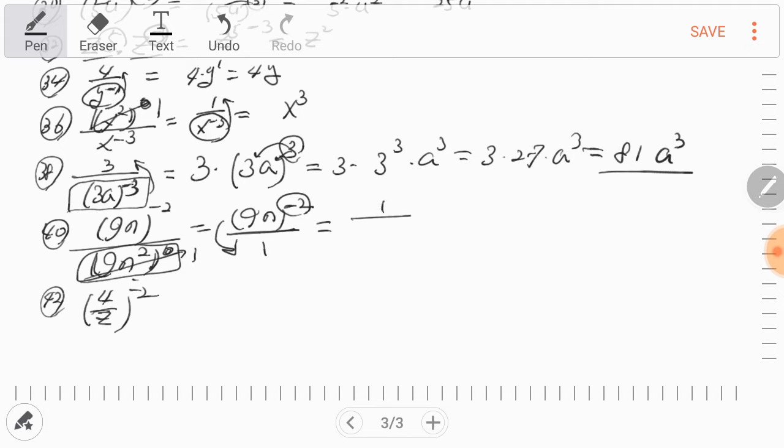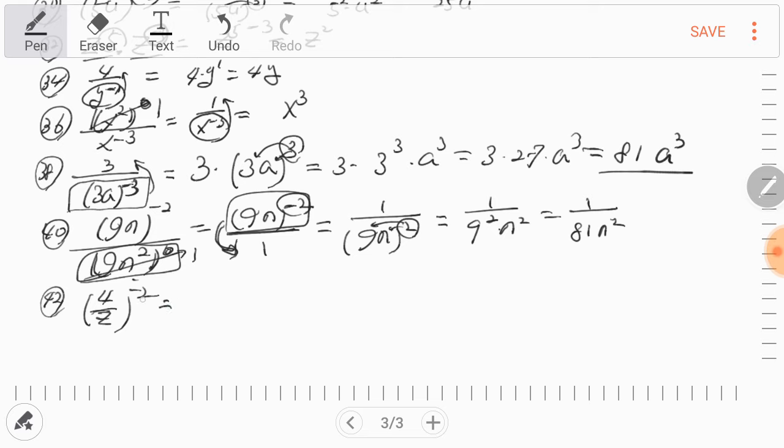Then 1 over 9n raised to the second power. Since there's a power, assign the power to each factor. So 1 over 9 squared times n squared. So 1 over 81n squared.